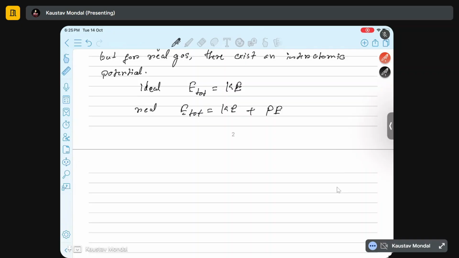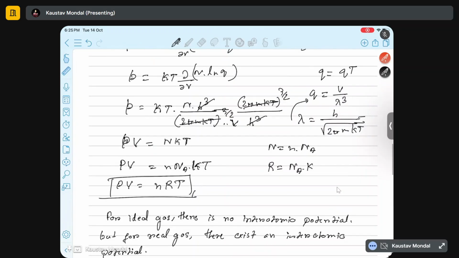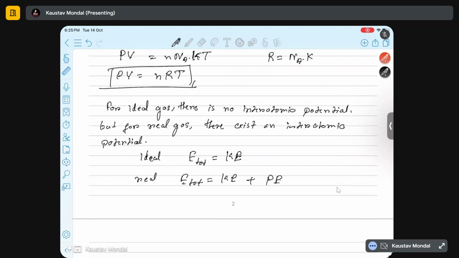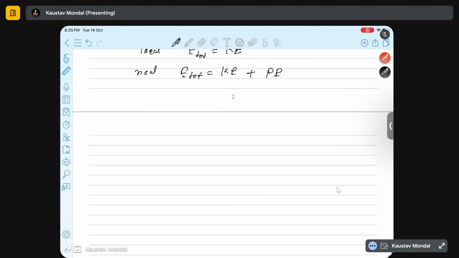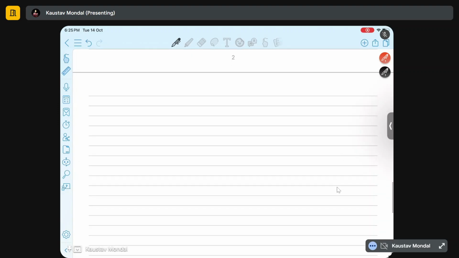So that means for this kind of real gas, the equation of state would change. That is definitely so. We know the virial equation of state, right?